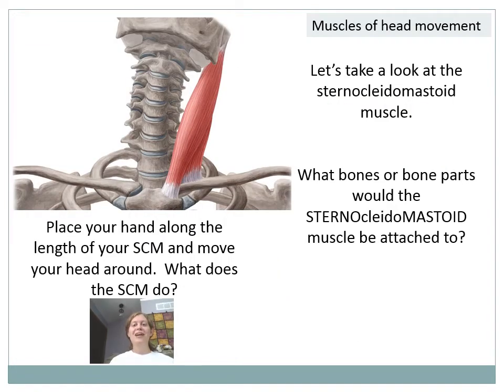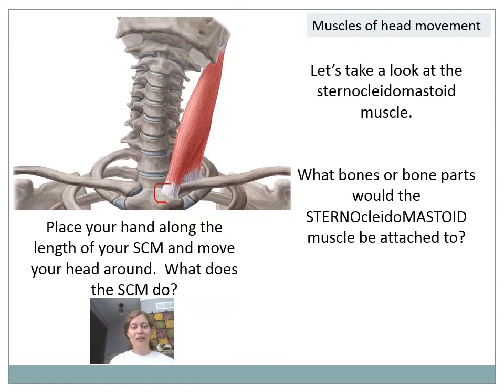All right, we are on to a muscle of head movement. So we're going to take a look at the sternocleidomastoid muscle. Okay, so thinking about the sternocleidomastoid muscle, what bones or bone parts will the sternocleidomastoid muscle attach to? Yeah, so looking at the picture here, we can see 3 points of attachment.